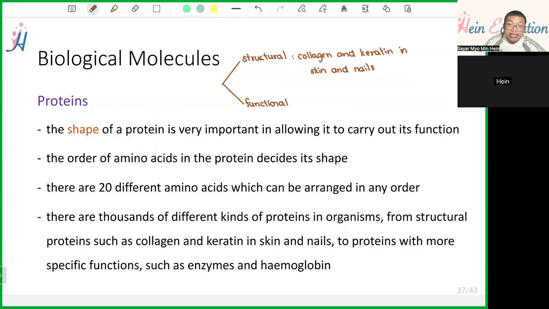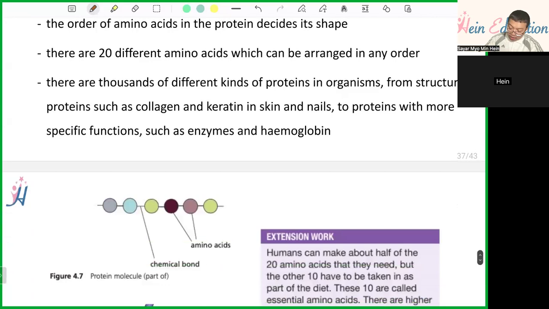Those are examples of structural proteins. For the functional proteins, it would be, let's say, hemoglobin, right? We have hemoglobin, enzymes, and antibodies. Those are all made up of proteins. So these are two different types of proteins: structural proteins and functional proteins.